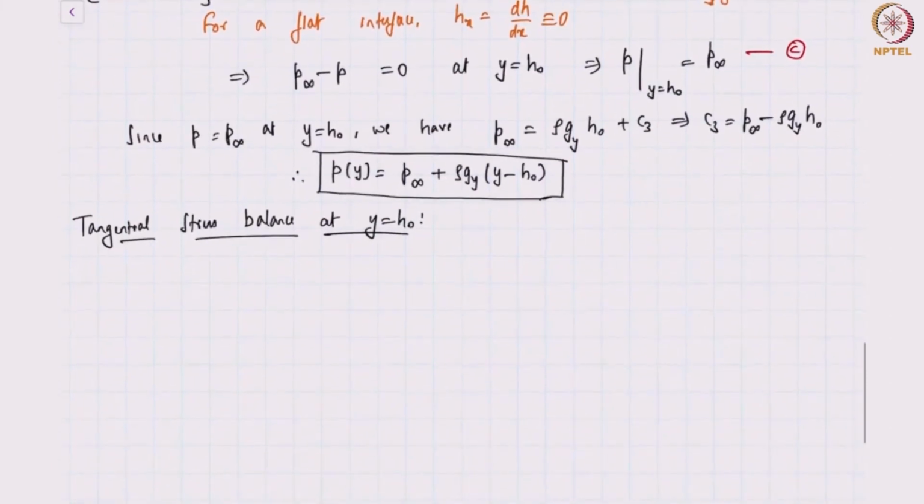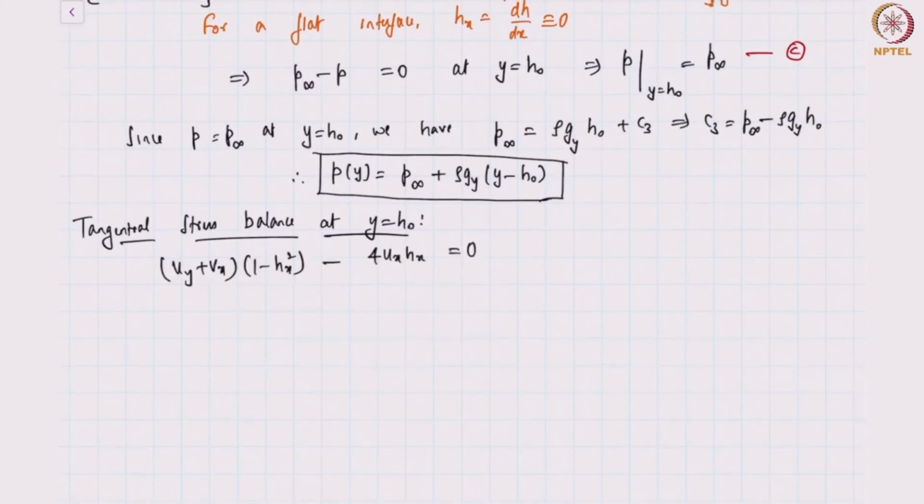Now the tangent stress balance, I've not really written anything here. The reason for this is because the tangent stress balance is significantly simpler because we do not have any viscosity at the top, and we also don't have any Marangoni stresses. Significantly simplifying these equations, we can cancel out this term because there is no vertical velocity.